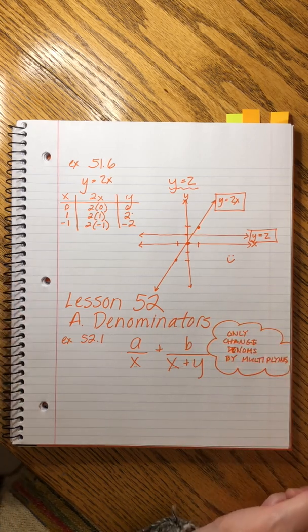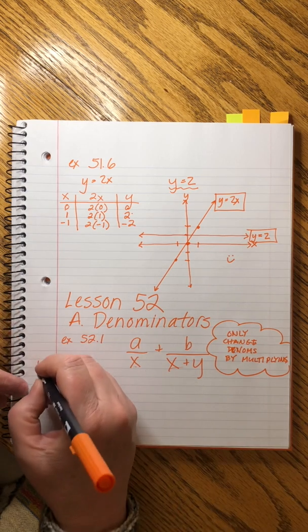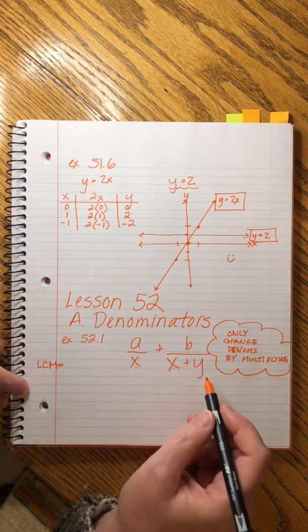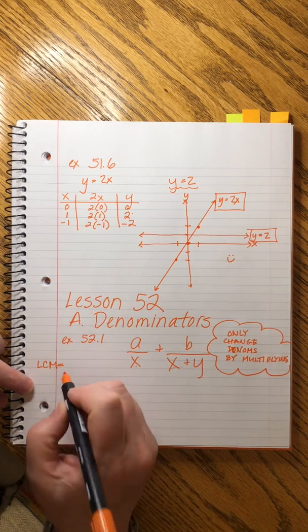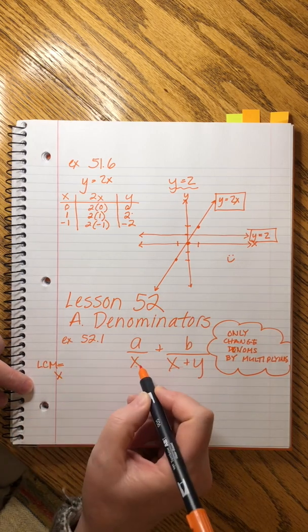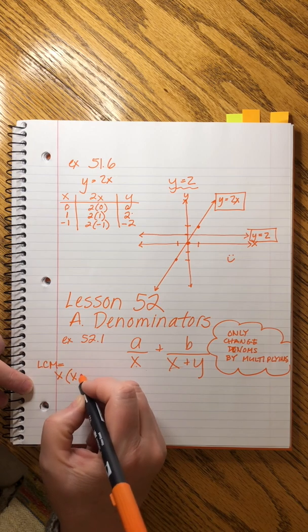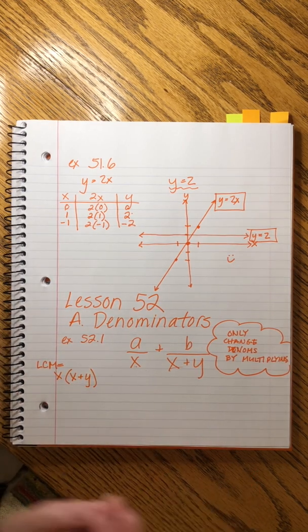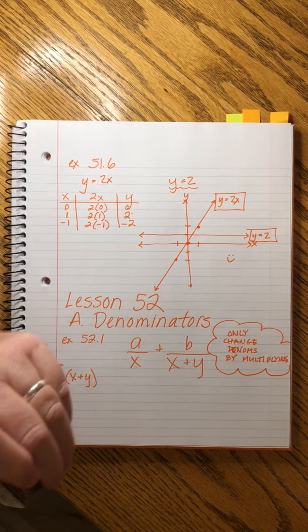I'm a fun wrecker. So what that means when we're finding the least common multiple that we need to make these match, we have to multiply. So in this case, we're gonna take x and multiply it by x plus y. I can hear you groaning. I know, that's kind of a pain, but that's just the rule.